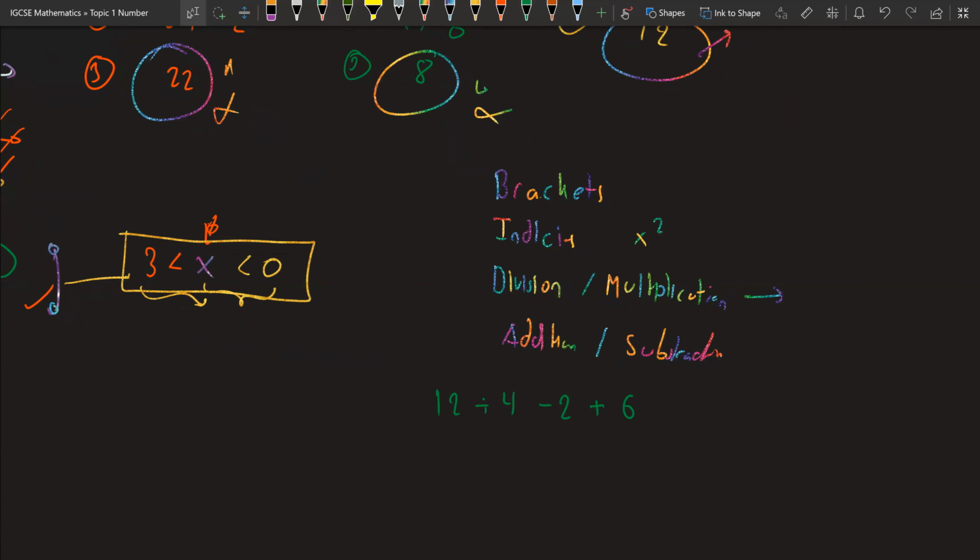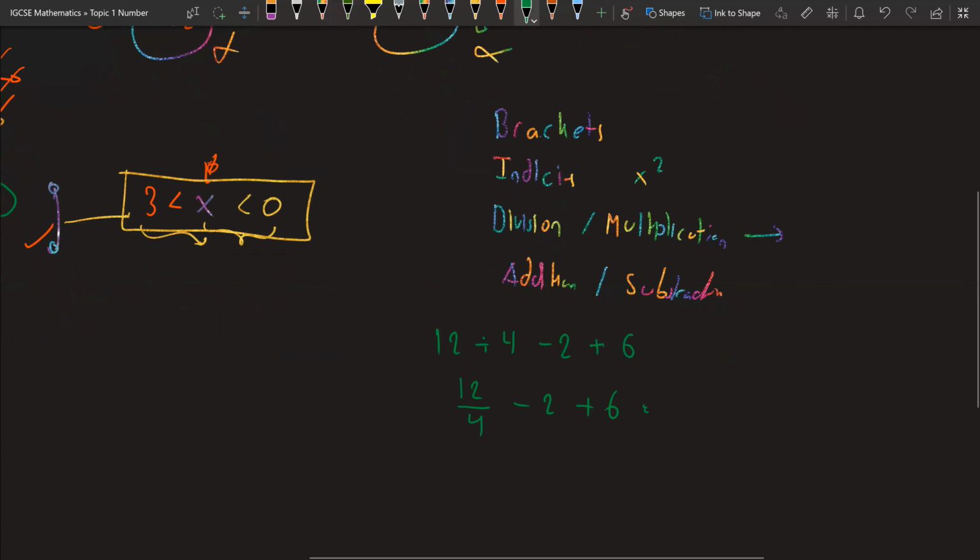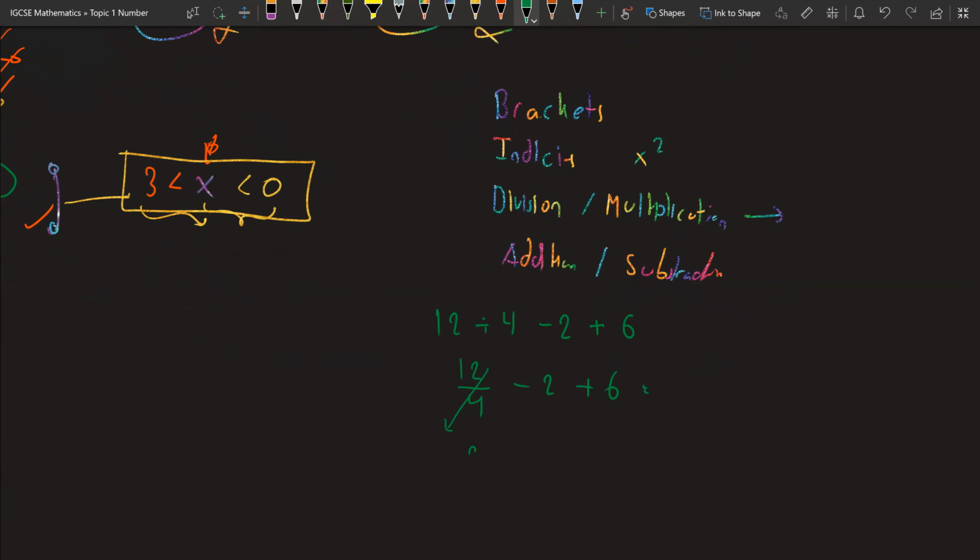If I do it from this side to that, 12 divided by 4 is 3, subtract 2 plus 6, then you get 7. That's the answer.